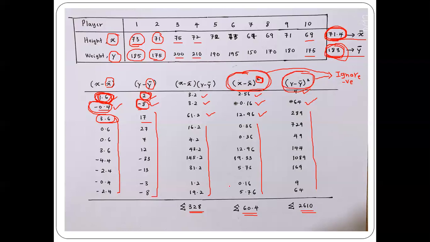Now you get the value of x minus x bar times y minus y bar, and also the values of x minus x bar squared and y minus y bar squared. After we get all these values, we can proceed to convert them into the R formula.